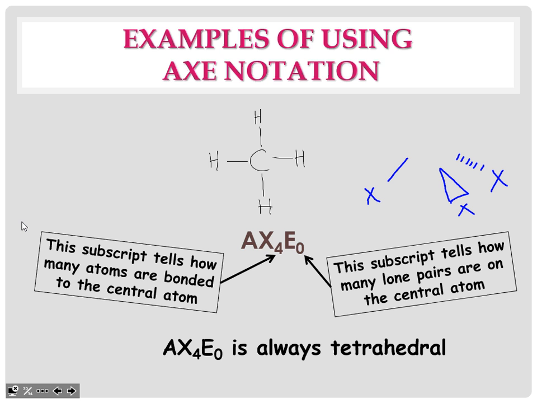A in this case is C, and all my X's are H's, as so. So I just draw out my different ones using dashes, using a wedge or a triangle, and then using dashes. Okay?